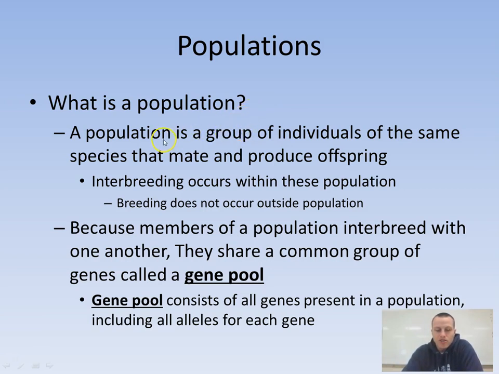They're the same species in a certain area that mate and create offspring. So interbreeding occurs within these populations and not between different populations. All the breeding process is dealing with one population of a species within that certain area.